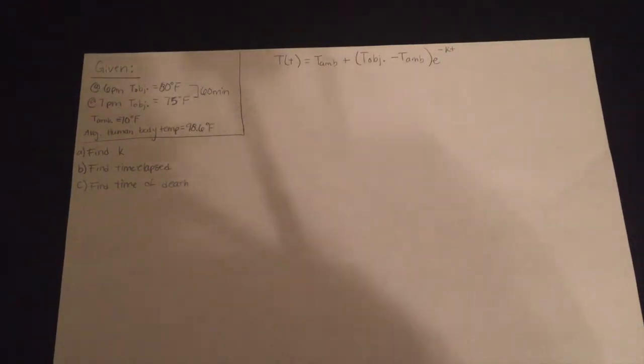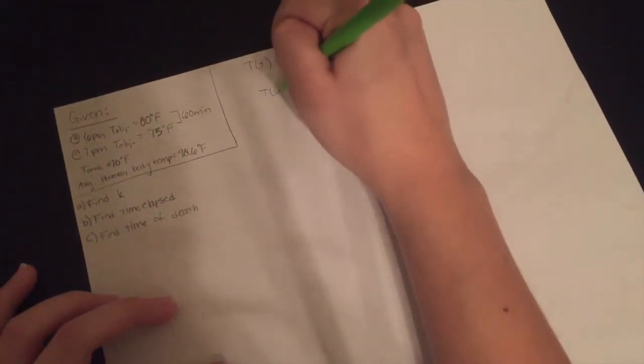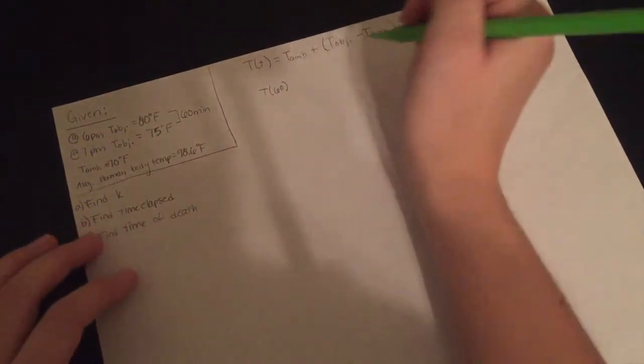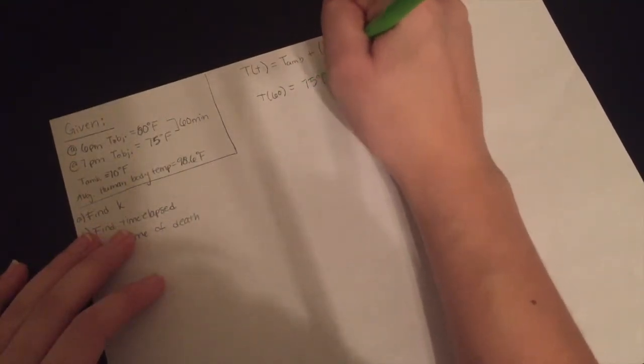And to find k, what we first have to do is find what the temperature was after the time of death, I guess, or after the time of discovery. So since 60 minutes passed, we're going to put T of 60, and we know that equals 75 degrees Fahrenheit.